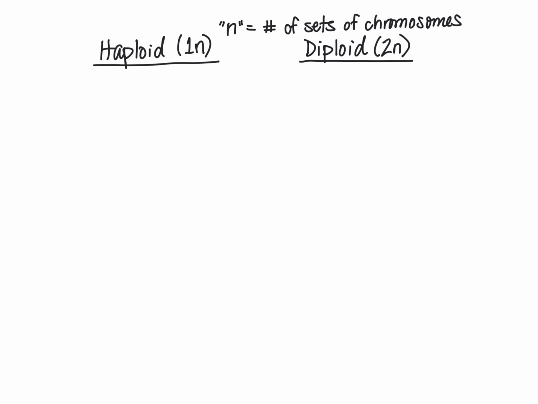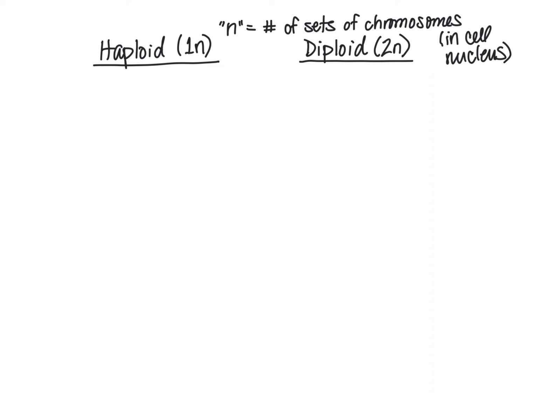And remember that these chromosomes are located in the nucleus of a eukaryotic cell. These are terms that you probably learned about when you learned about the concepts of mitosis and meiosis.